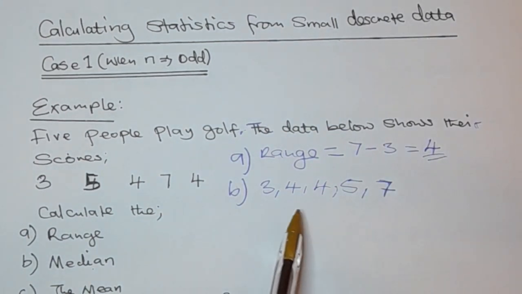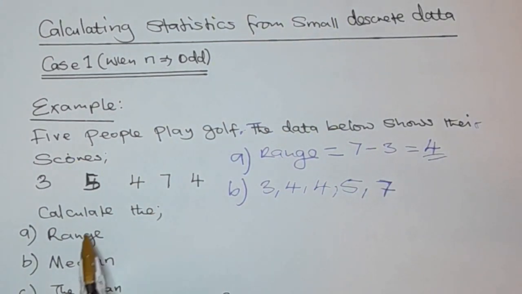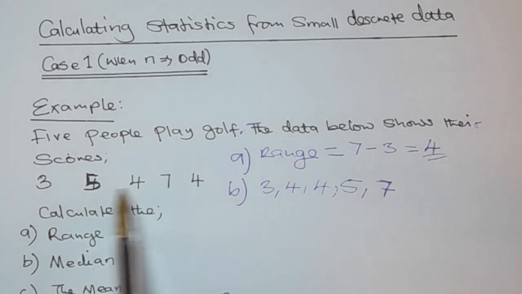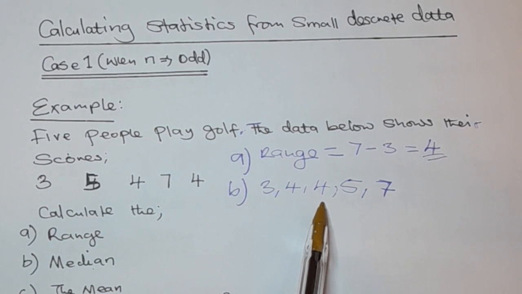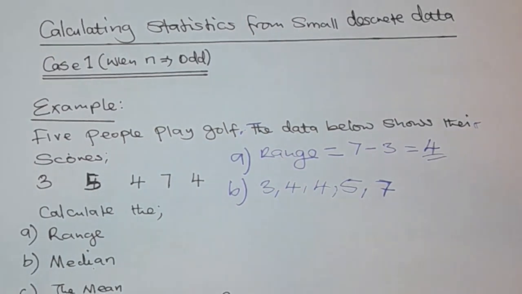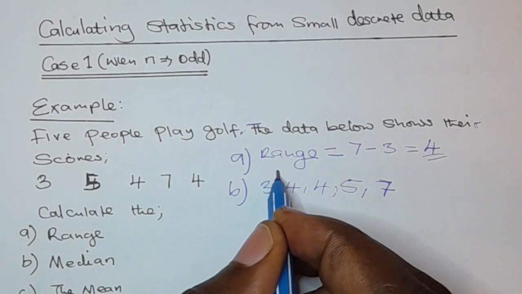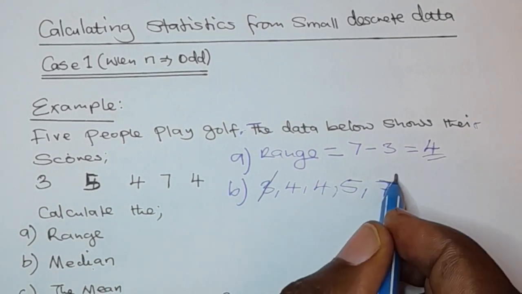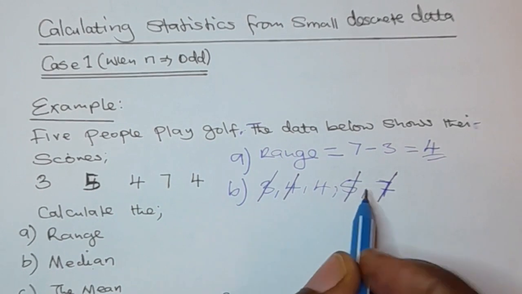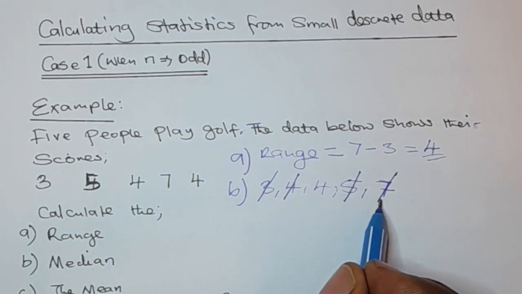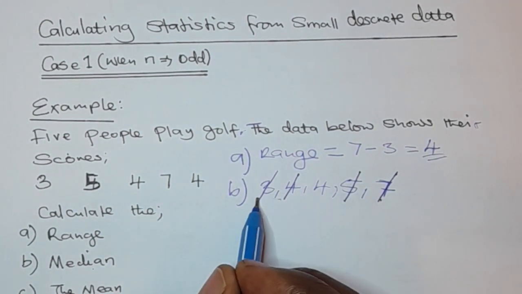So all the time when finding the median of a small discrete data set, you first arrange them from smallest to largest. Then after that, you start cancelling. You cancel this, you cancel that, you cancel that. So you can see that you've cancelled 2 numbers on the right and 2 numbers on the left.